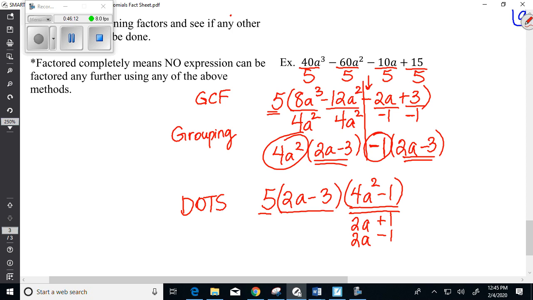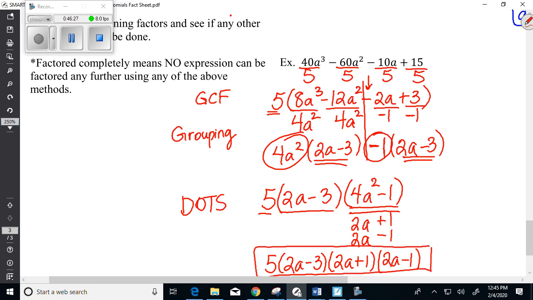So your final answer: 5 parentheses 2a minus 3 parentheses 2a plus 1 parentheses 2a minus 1. So again, we used 3 factoring methods: GCF, grouping, difference of 2 squares.